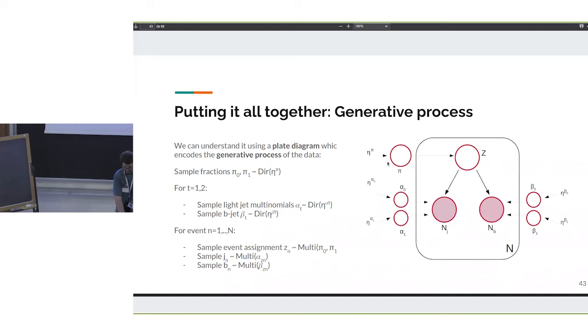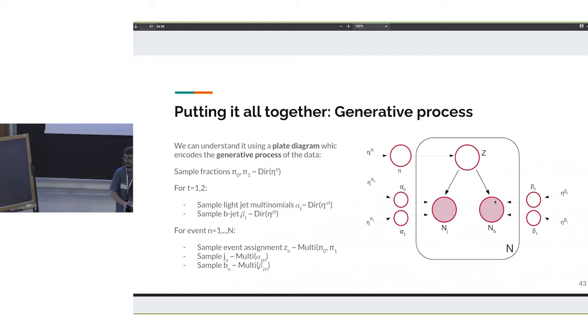From this, we sample a set of random variables, the pi's, the alphas, and the betas, which are unobserved. From the pi's, we sample the class assignment for each event, and given the class assignment and the alphas and betas, we sample the observed number of jets and the observed number of B jets.